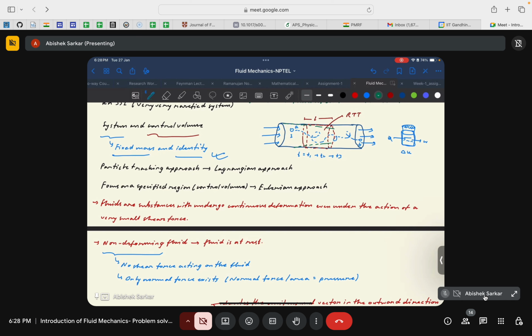Mass may remain constant given that the pipe is of the same diameter throughout the region, but the identity will definitely change. So this is known as the control volume approach.